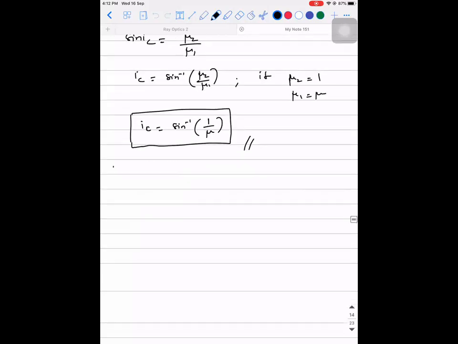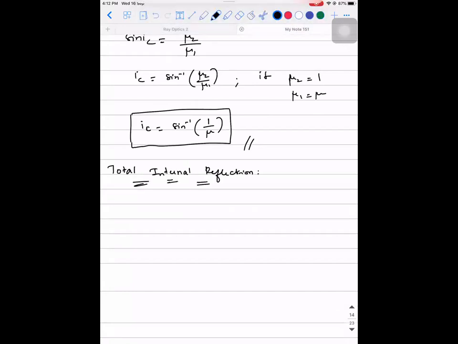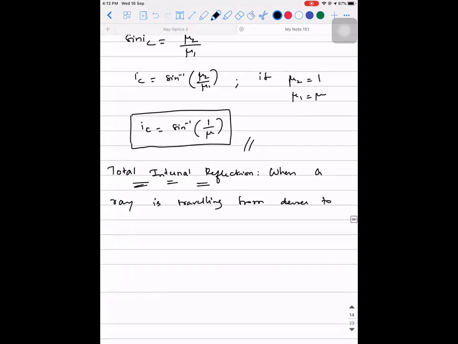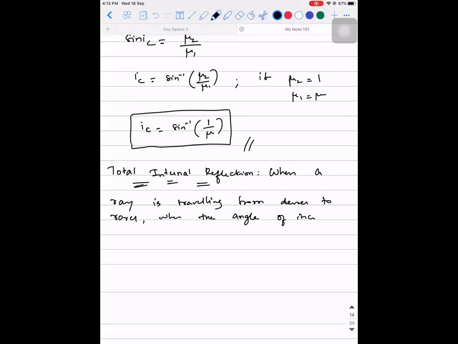Then, can someone give a definition for total internal reflection? So, what is the definition for total internal reflection? When a ray is traveling from which medium to which? Obviously, denser to rarer. And when? Incident at what angle? Angle greater than the critical angle. That's right.